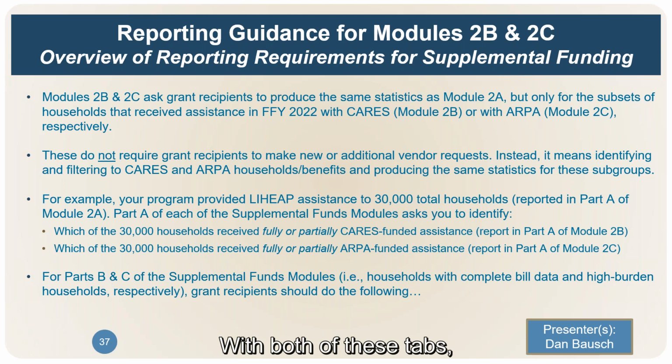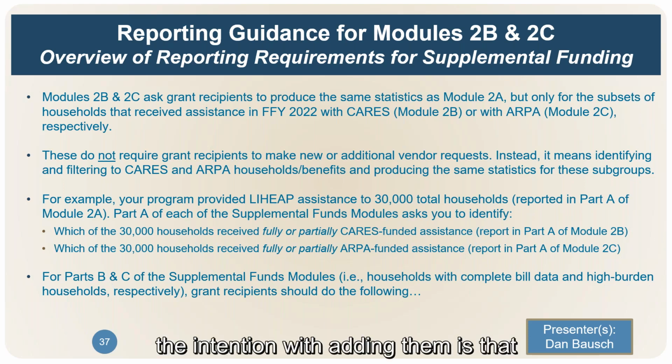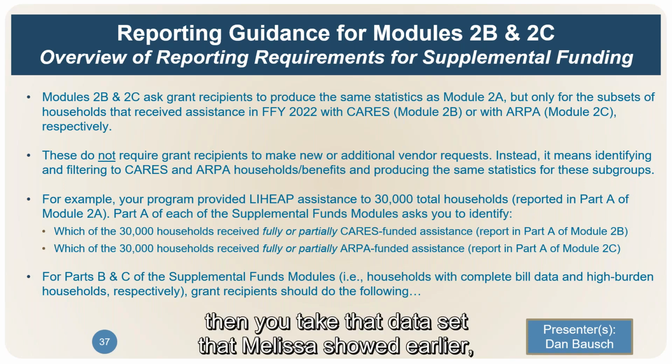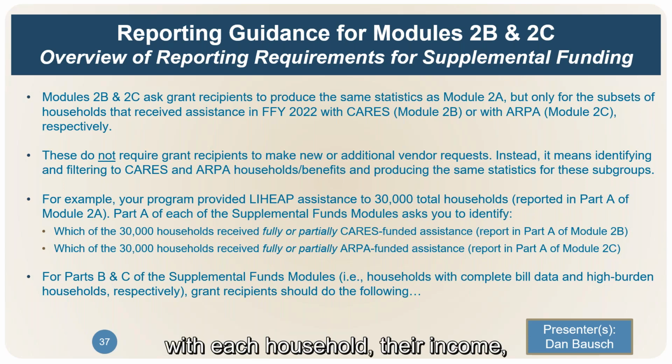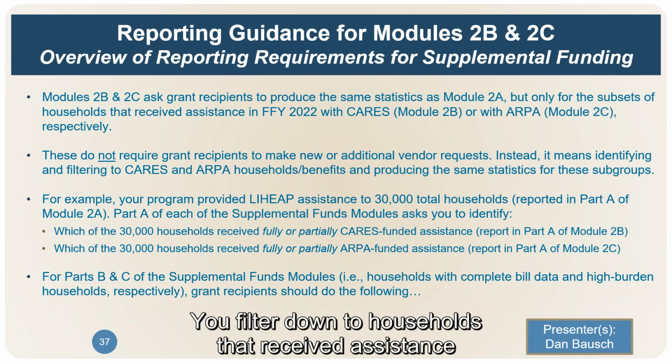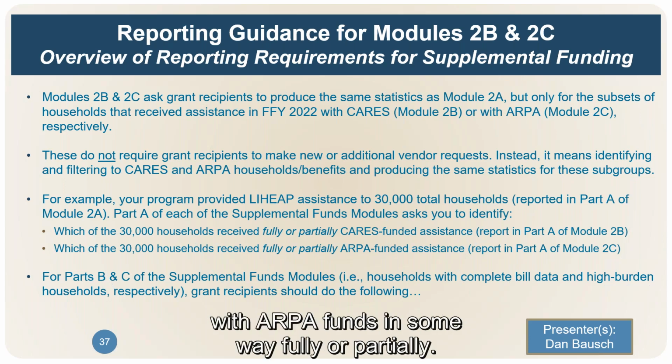With both of these tabs, the intention with adding them is that you go about collecting the data and completing the main module 2A. Then you take that data set that Melissa showed earlier with each household, their income, their main heating bill, their electric bill, their benefits, and you filter down for, let's say, module 2C, to households that received assistance with ARPA funds in some way, fully or partially.